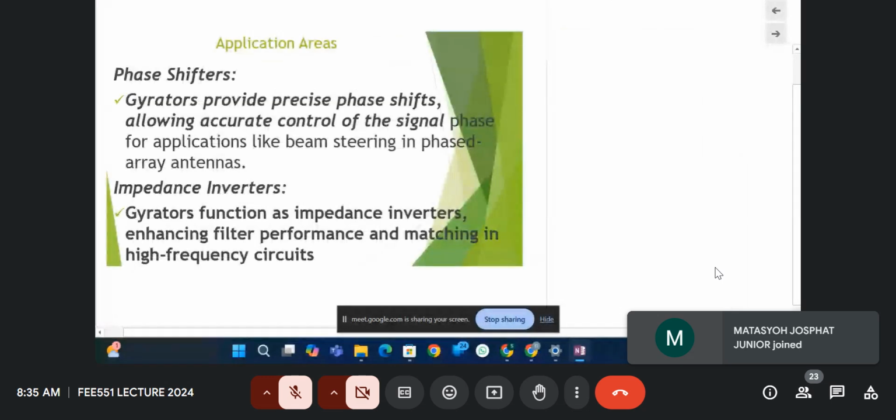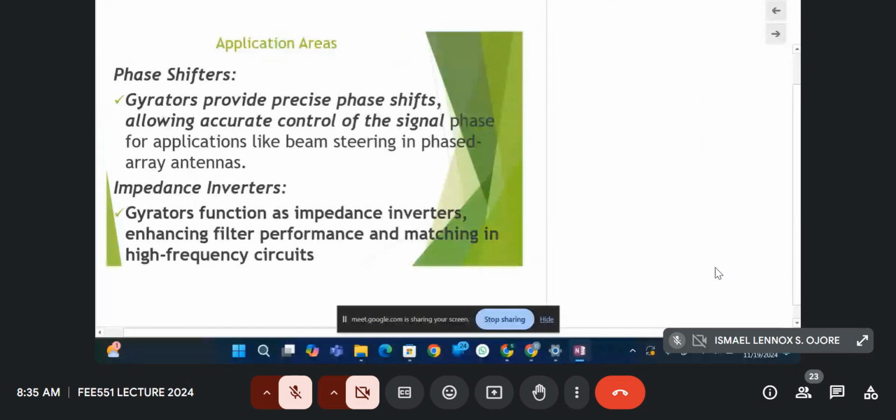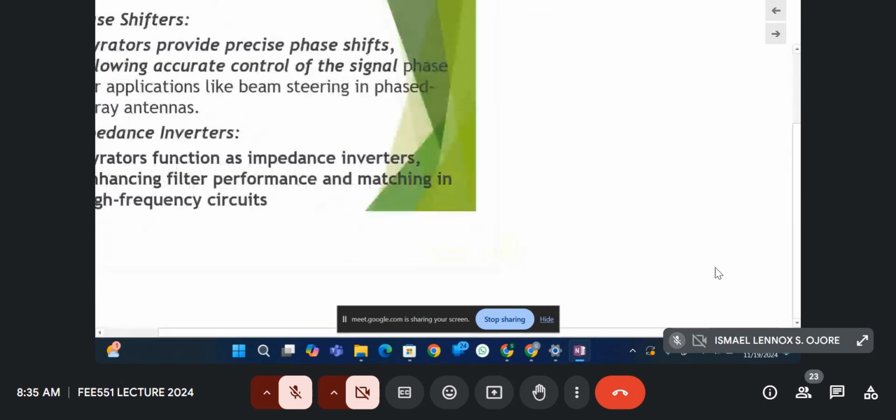It is also used in phase shifters, where you feed a signal in one port, it will be shifted in the other port. It is also used in impedance inverters, enhancing filter performance and matching high frequency circuits.